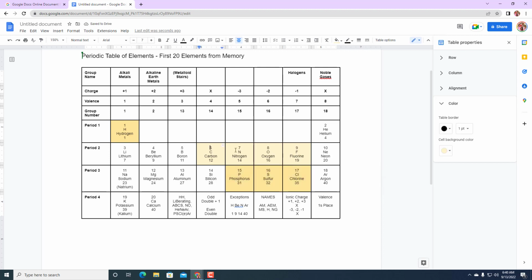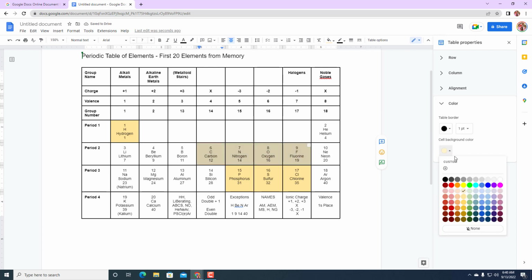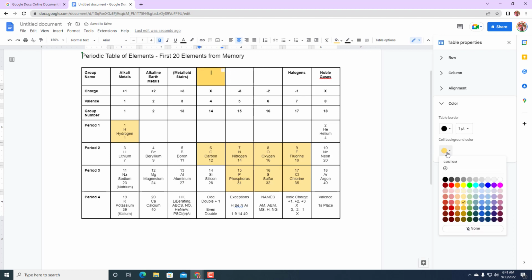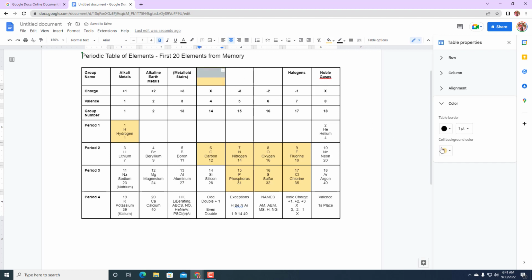And I made them two different yellows. I didn't mean to do that. Okay. There we go. And what we can do is color this box up here above the carbon in the same color. And yeah, that one's a little bit different. I think we'll use this one. There. Okay, and we'll recognize this as the reactive nonmetals.